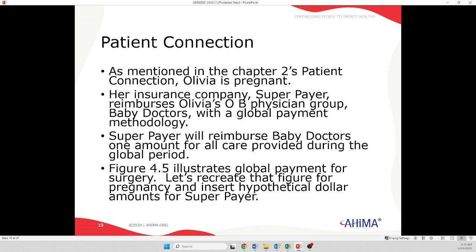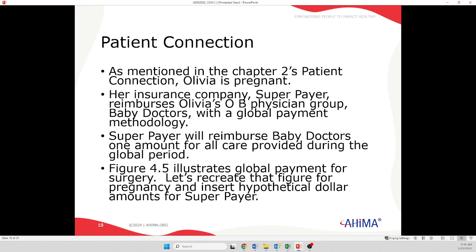Number 2, why is fee schedule reimbursement methodology retrospective instead of prospective? And we talked about that. Remember that it's retrospective because when the patient comes in, we don't know until they are gone how many of those service encounters they had while they were there.